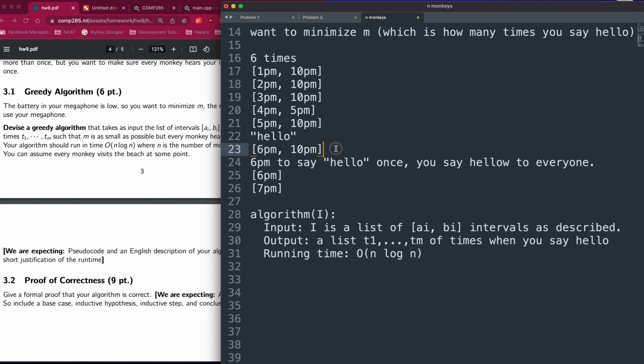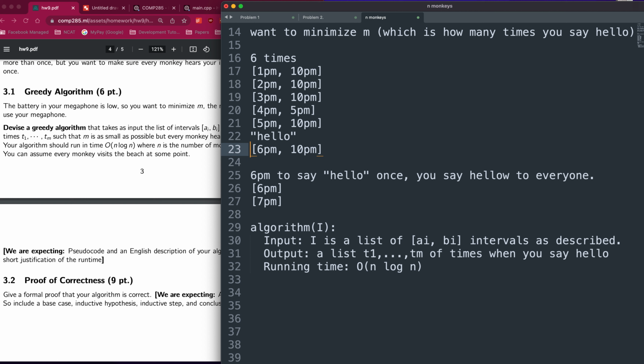Then this monkey comes, and he leaves at 10, right? So at 5 p.m. you say hello, and then here you wait, and then at 10 p.m., right when he's going to leave, you're like, oh, hello, right? And that's how you get this monkey. And that would be the optimal, because if you wait any longer to say hello, this monkey's going to leave, the one on line 20, so you'll miss him and you'll never get to say hello to him, right?